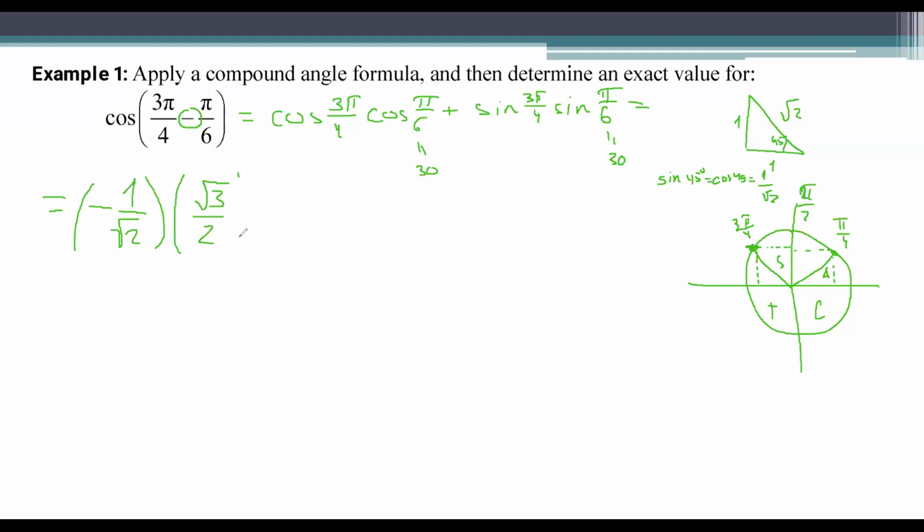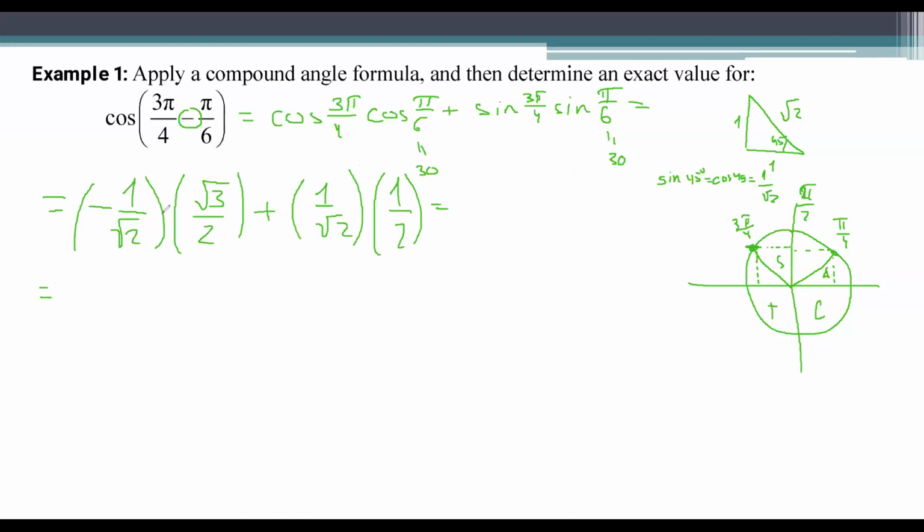Now plus sine 3 pi over 4. Sine is positive in this quadrant, so it's going to be 1 over square root of 2. Right? Times sine of 30 degrees, and sine of 30 degrees is 1 over 2.